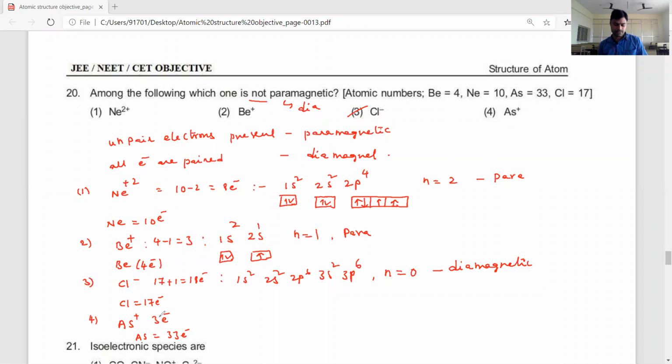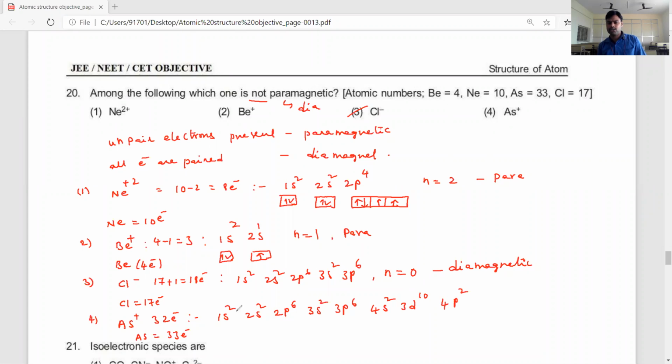Distributing these 32 electrons: 1s2, 2s2, 2p6, 3s2, 3p6, 4s2, 3d10, 4p2.